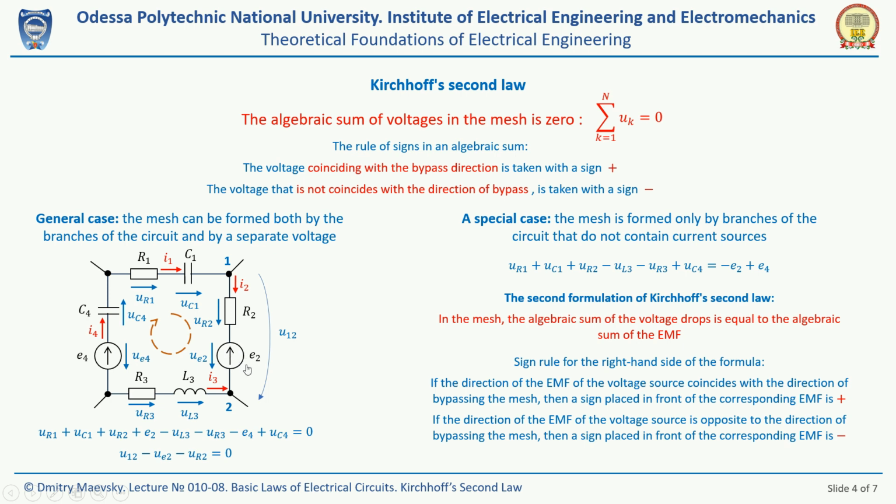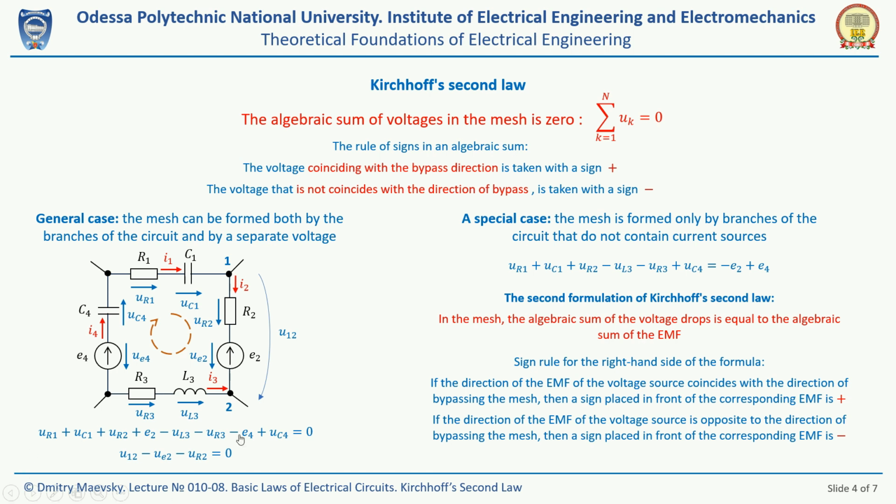A few words about this element. This is a voltage source, and we know that the voltage on this element and the electromotive force of this element, this arrow, have contrary directions.